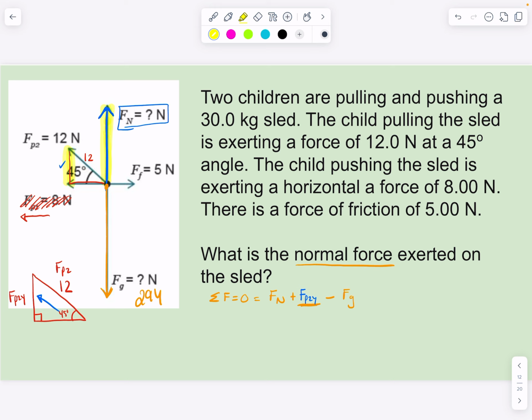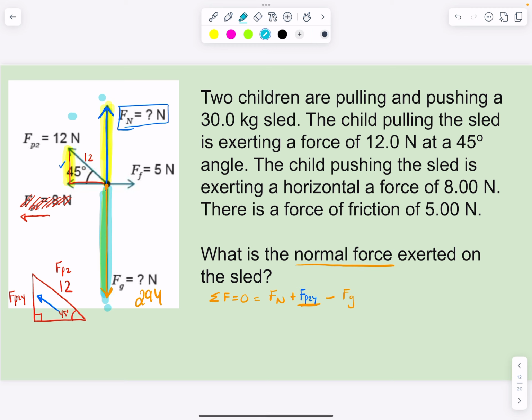The sum of these needs to be equal to the Fg value in order to have a net force of 0. Does that make sense? So we're going to have the Fn, the normal force, when combined with this component, equal to Fg. That's really what we're saying here. So those two lines are going to be equal to this one line.